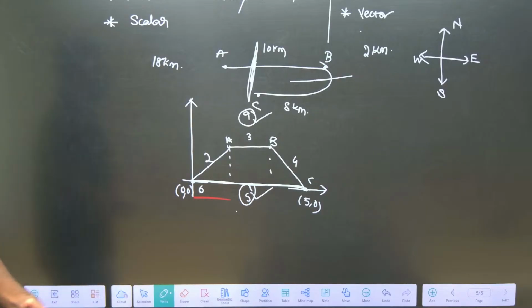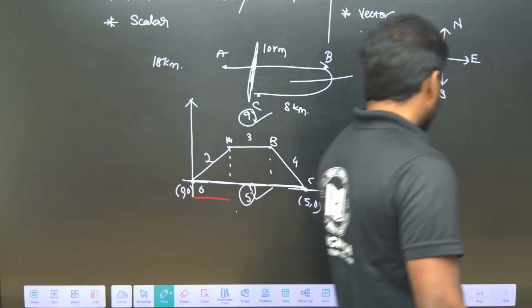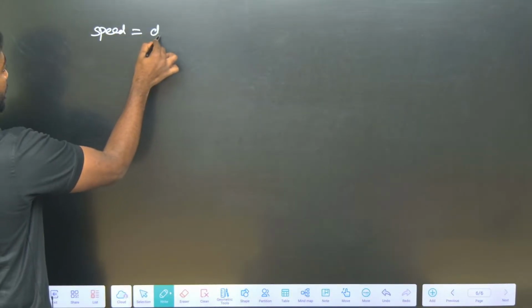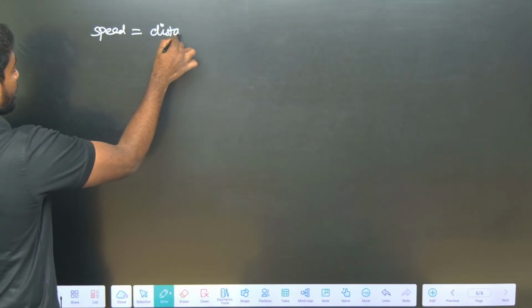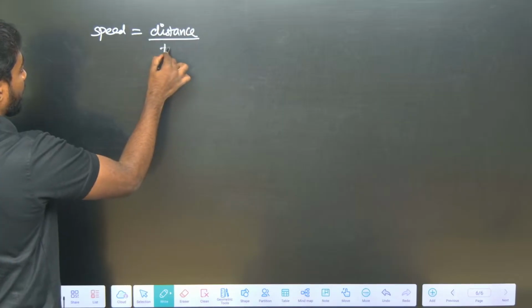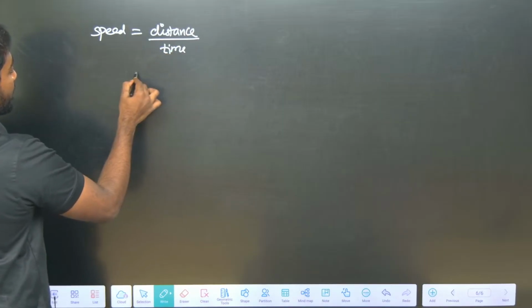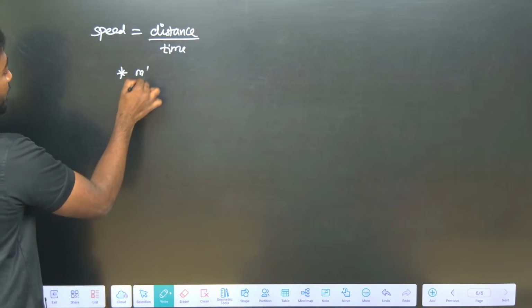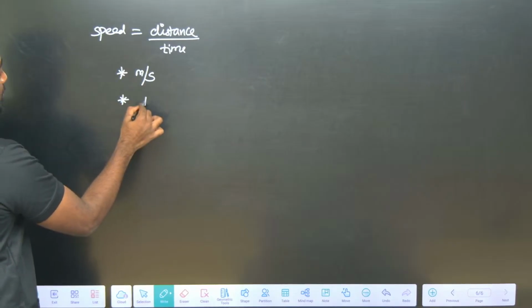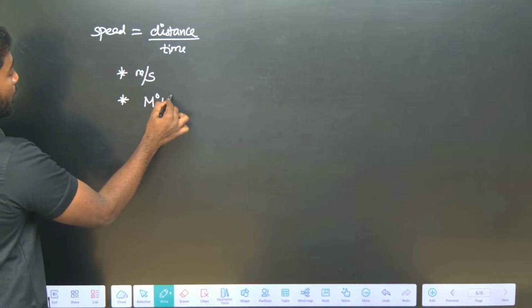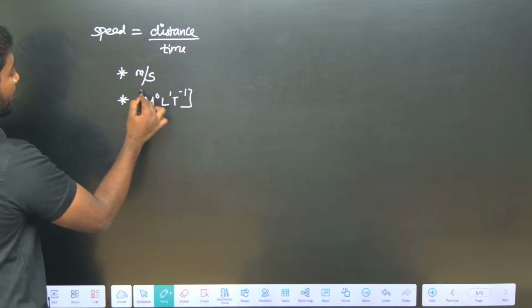Okay, fine. Now we'll see what is speed. Speed is nothing but distance by time. So SI unit is meter per second, dimensional formula is M0 L1 T power minus 1.